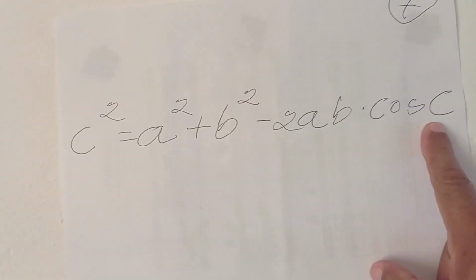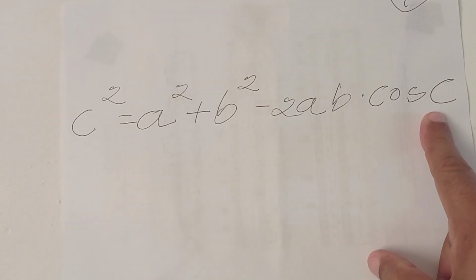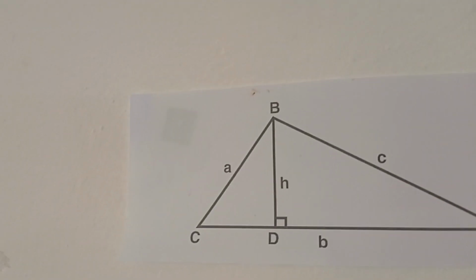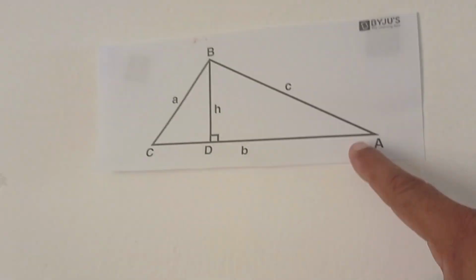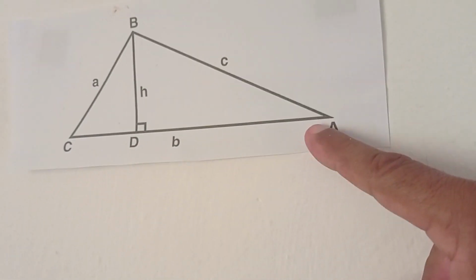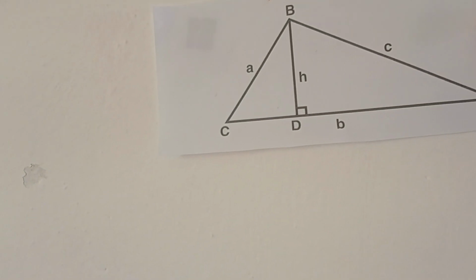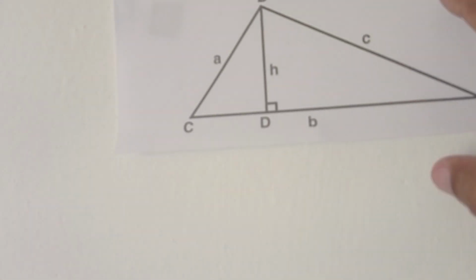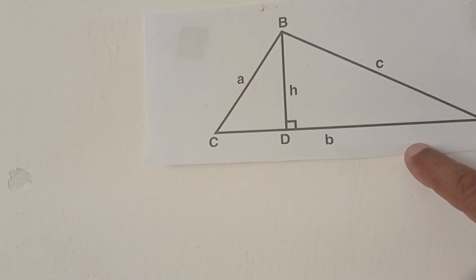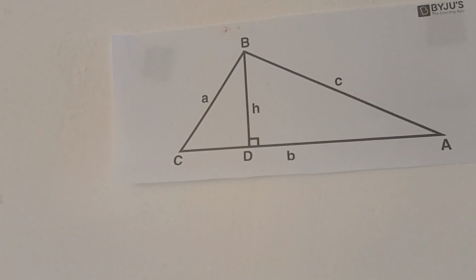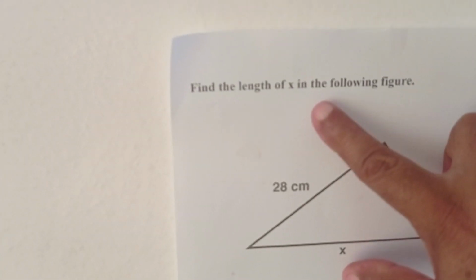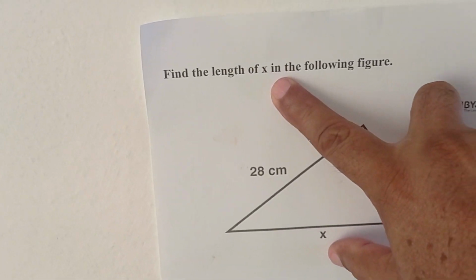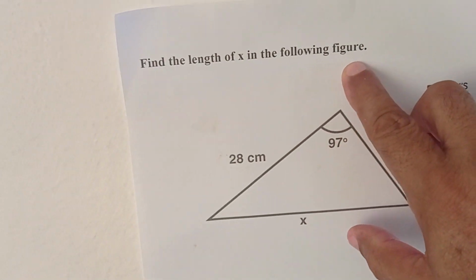To solve any problem related to this kind of triangle, this is an elaborate process, so we use the cosine formula. Let me show you one problem. For example, find the length of x in the following figure.